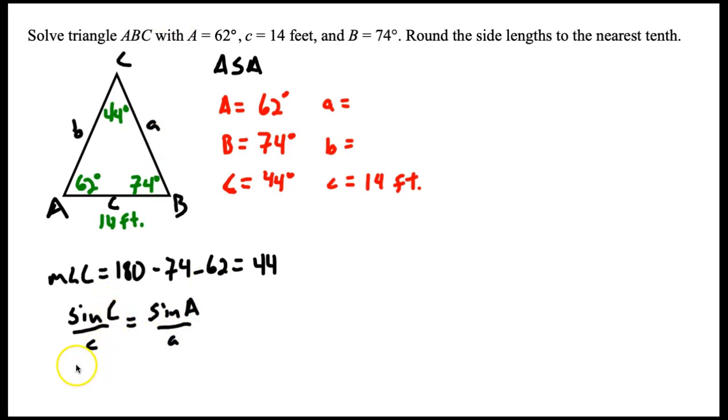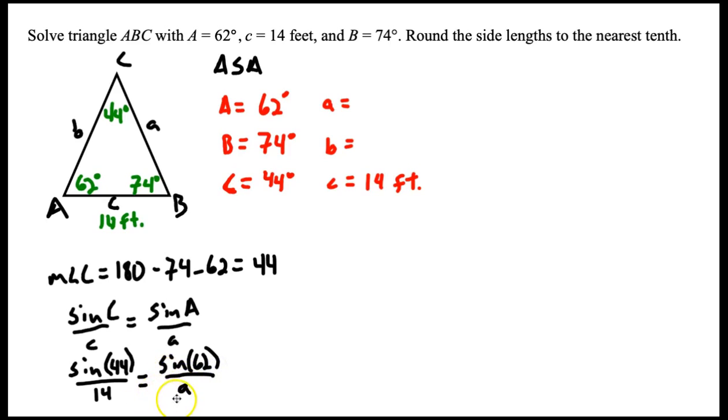I know that C is 44 degrees. So we'll say sine of 44 over 14 equals sine of 62 over A.